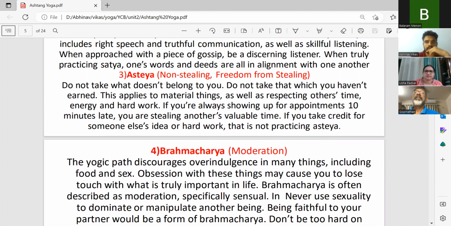Do not take that which you haven't earned. This applies to material things as well as respecting others' time, energy, and hard work. If you are always showing up for an appointment 10 minutes late, you are stealing another's valuable time. If you take credit for someone else's idea or hard work, that is not practicing asteya.